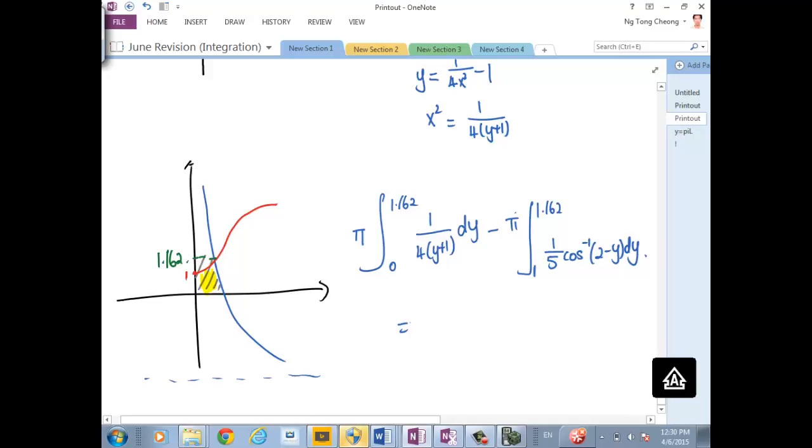Once I subtract away the redundant part, the yellow highlighted part is the one that is left. So using my GC again, I get the volume back. Yeah, that's all.